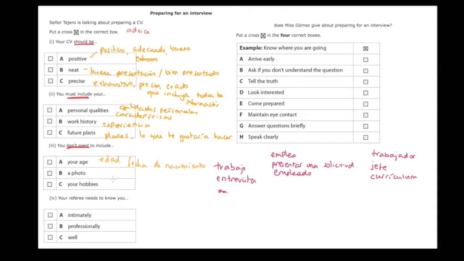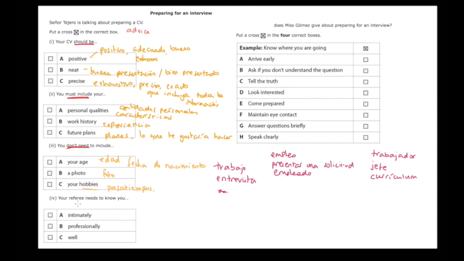A photo, so we could hear foto or fotografía. I don't think there are many other ways of saying una imagen, but generally we talk about foto or fotografía. And your hobbies, we could hear pasatiempos, hobbies, or something like ¿qué te gusta hacer en el tiempo libre? What you like doing in your free time. So again, not necessarily a noun.